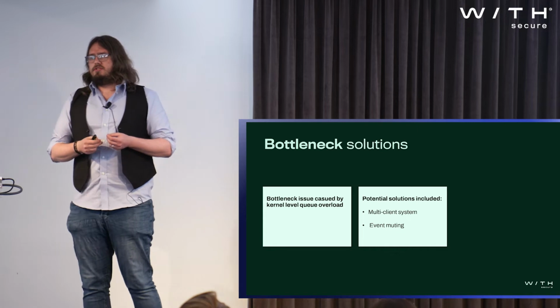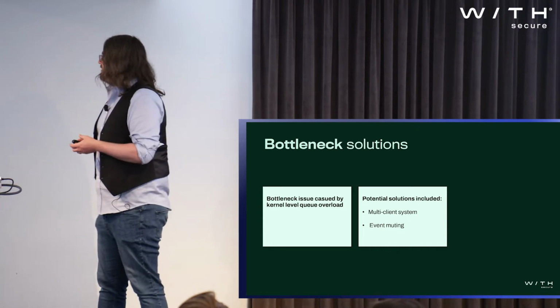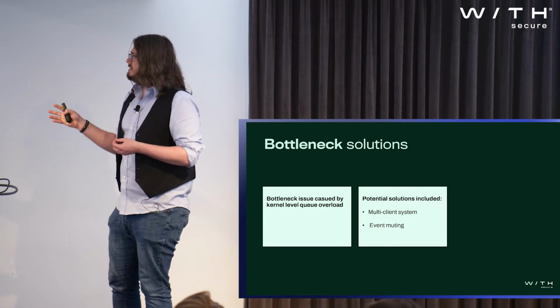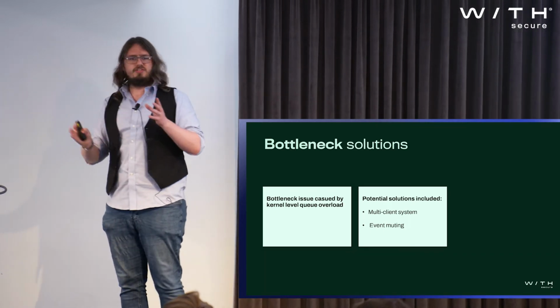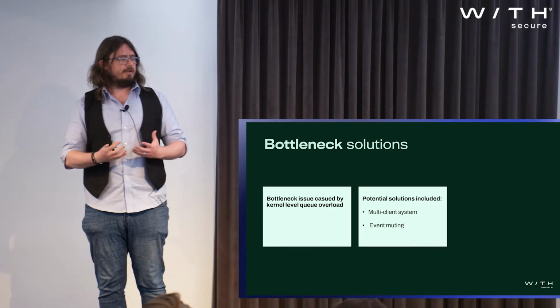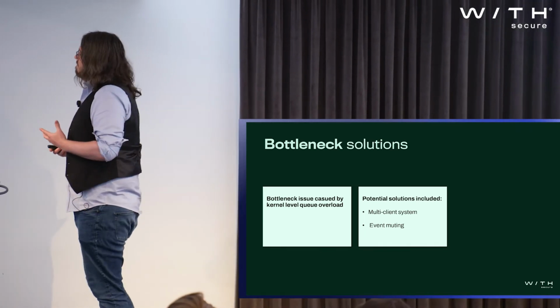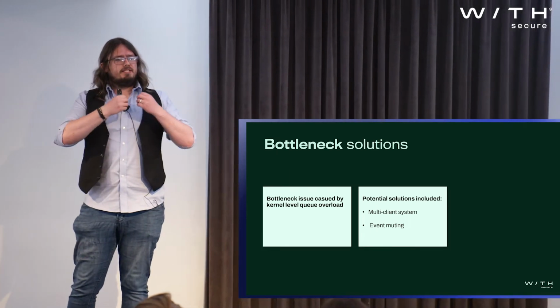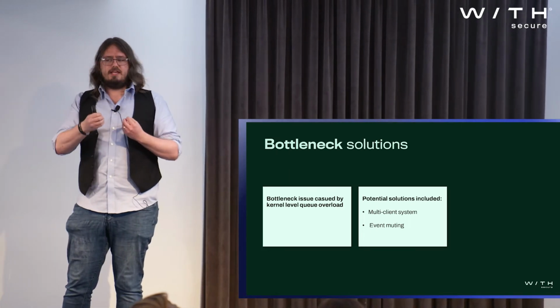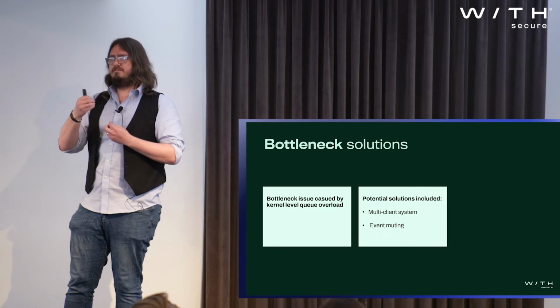Two potential solutions presented themselves. One is a multi-client system, and the second is event muting. I'll go over event muting first, because this is the solution that Apple have provided as part of the framework. Event muting works on the kernel side, so when your client subscribes to particular event types you want to see, you can also put in additional filters.